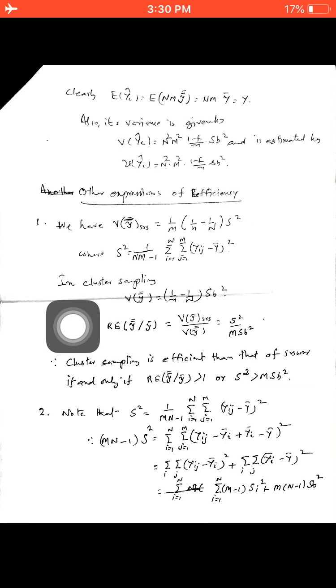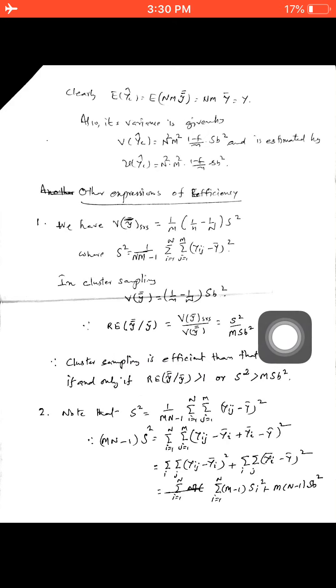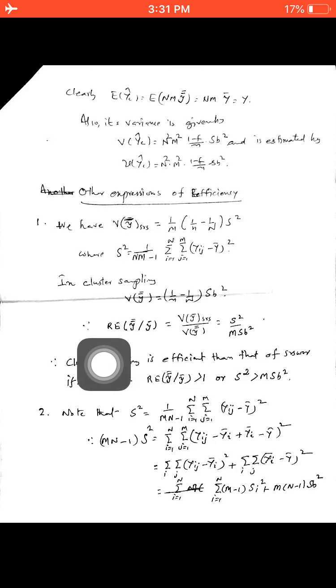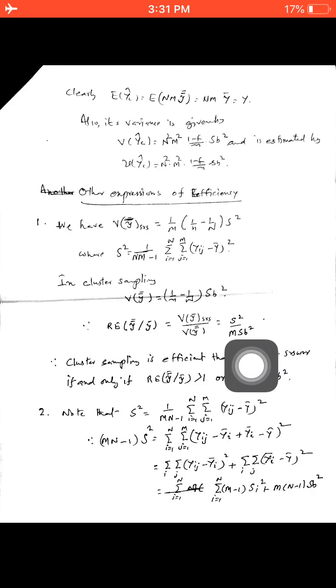how the relative efficiency can be computed in terms of the overall mean square, capital S square, and the mean square between clusters. You can see that the relative efficiency of the cluster sample mean over the simple random sample mean is equal to the ratio of the variances, and as per the earlier expressions which we have proved so far, that is equal to capital S square divided by M into S_B square.